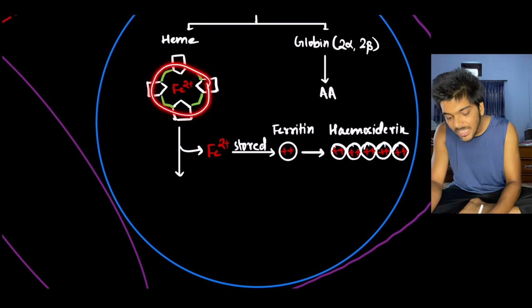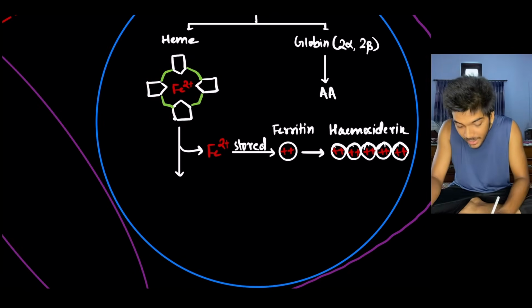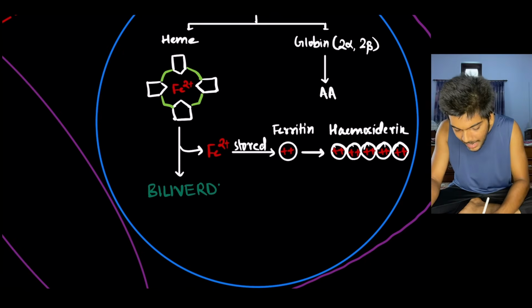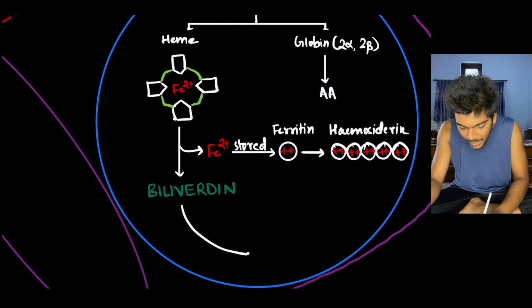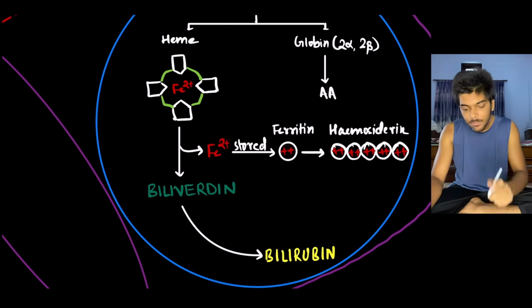The ring of the heme of hemoglobin gets degraded, and what we get is biliverdin. And then this biliverdin gets reduced, and what we get is bilirubin. Now there are 2 enzymes required here.